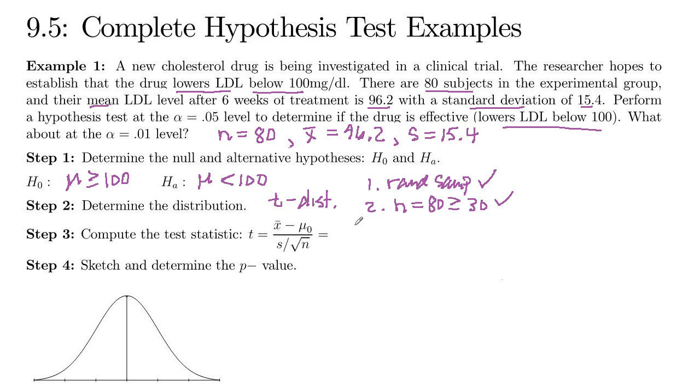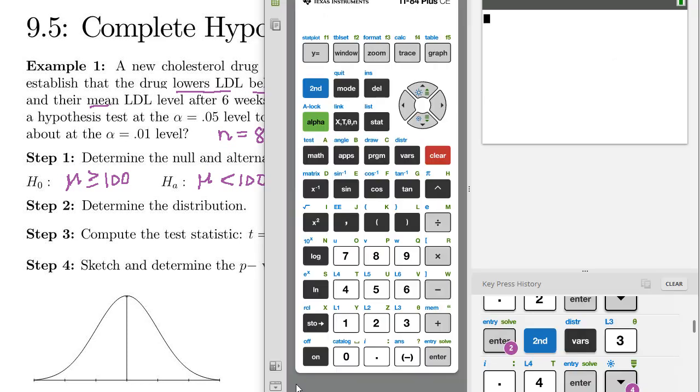So our X bar there is the 96.2. We are subtracting off the hypothesized value, that's our 100, and then divide by S, which is 15.4, over the square root of n here, which is 80. Let's go ahead and enter that in the calculator.